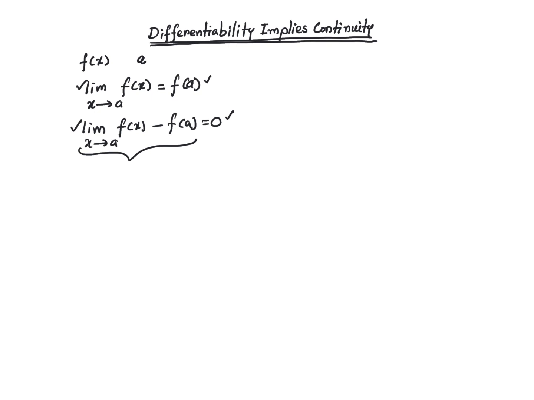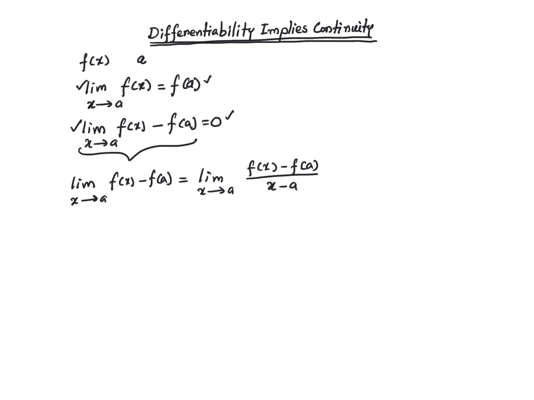So let's start off with this left side, the limit as x approaches a of f of x minus f of a. That by the way is equal to the limit as x approaches a of f of x minus f of a divided by x minus a.